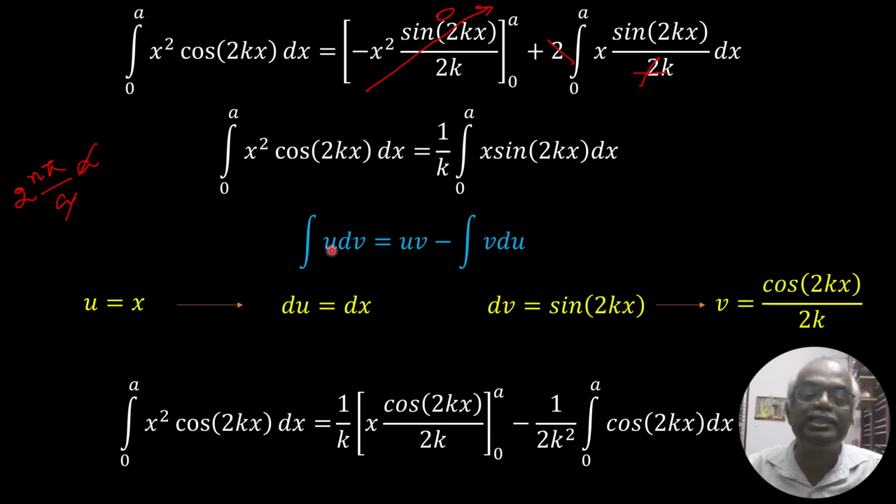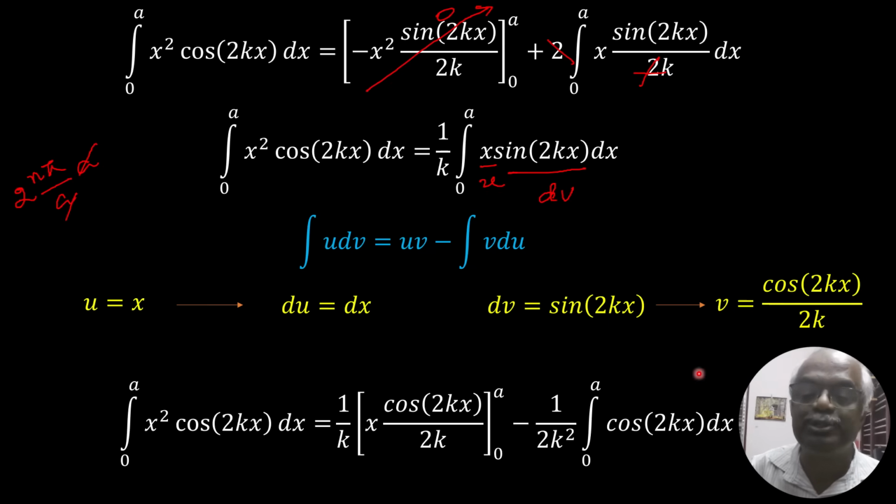Now you apply the formula, integration by parts: the integral of u dv is equal to uv minus the integral of v du. Here you take u is equal to x, so du is equal to dx. Then dv is sine 2kx, so naturally v is equal to minus cos 2kx over 2k.